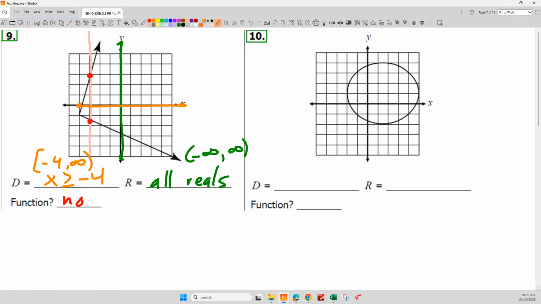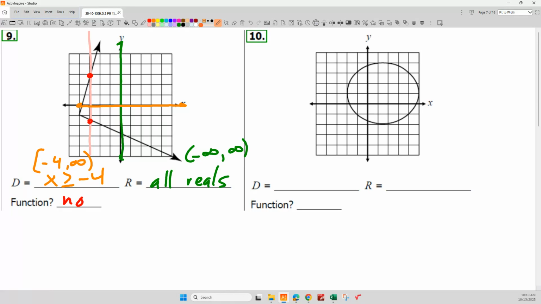What is the domain? Okay, so values from x equals -2 up to +5. So how would I say that using inequalities? How do I write that?